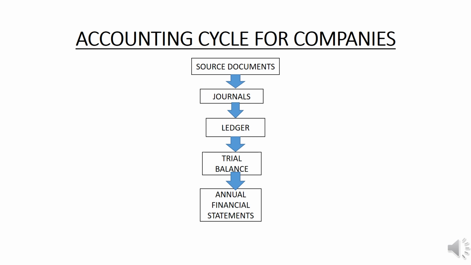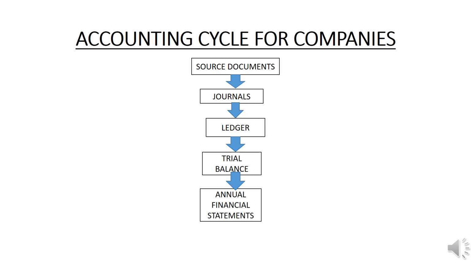So from journals to ledger accounts, it is a continuation of our recording process or accounting cycle. For example, your cash receipt journal total will go to your bank account on your debit side, and then your cash payment journal entries will go to your credit side, representing an outflow, a decrease of your assets.